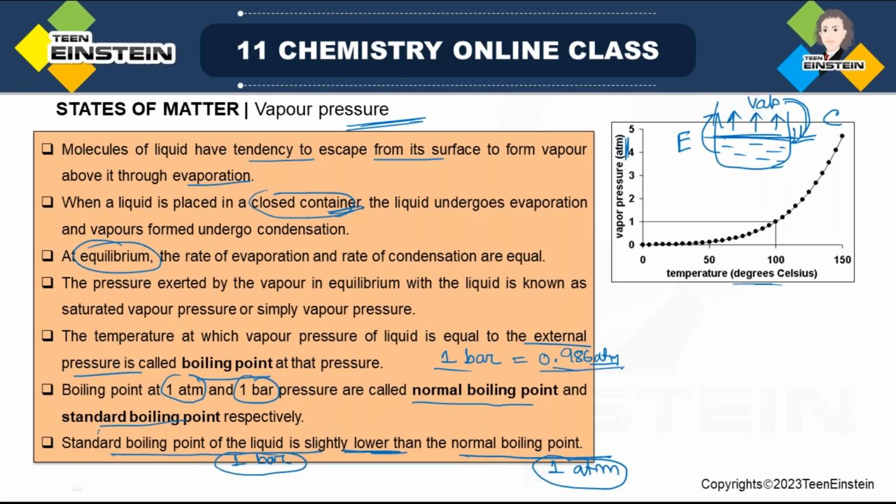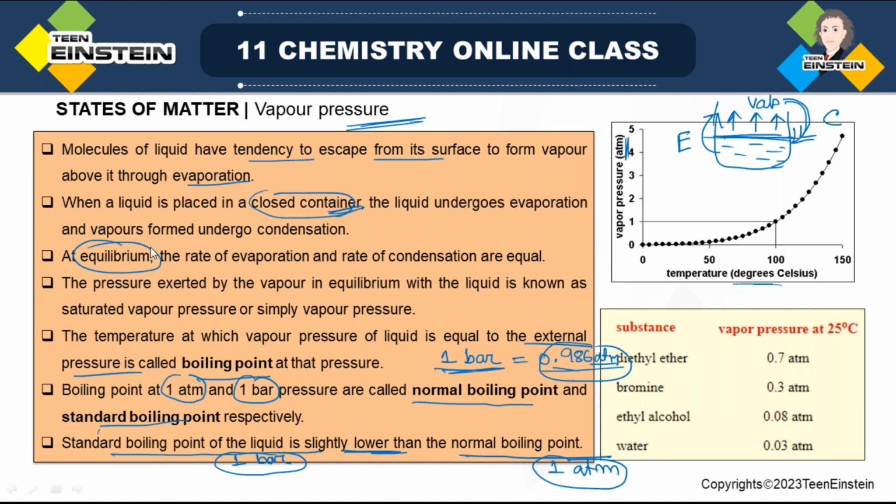As atm is a slightly higher unit, the standard boiling point measured at 1 bar will be slightly lesser compared to the normal boiling point, but more or less it is almost the same. So with increase in pressure, obviously boiling point is also increased.